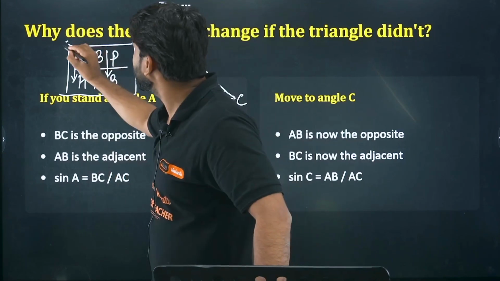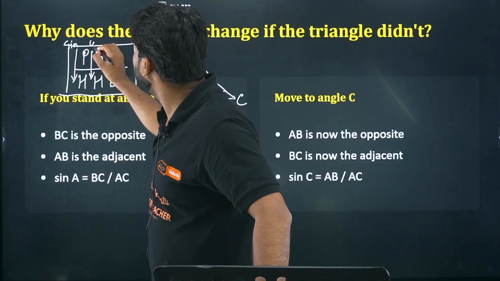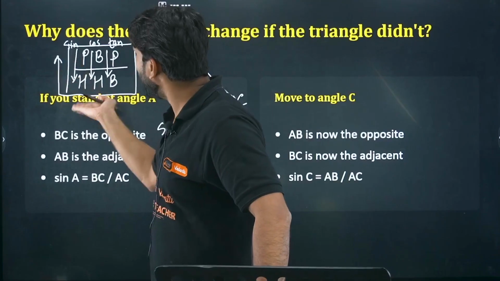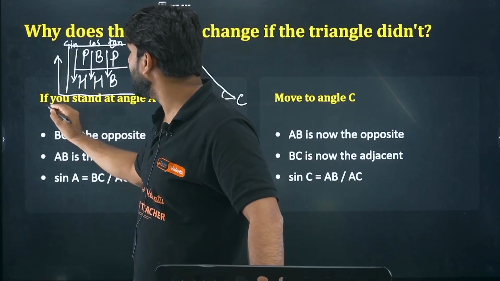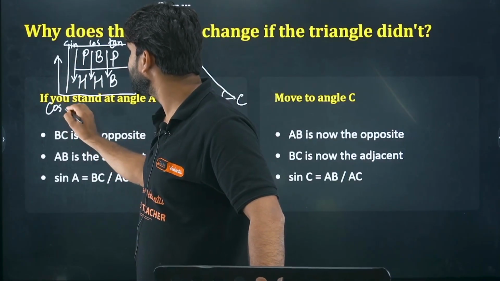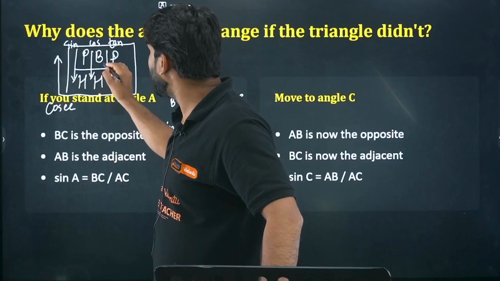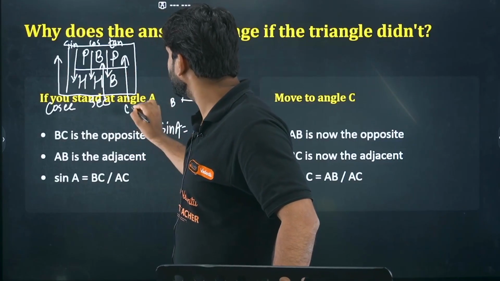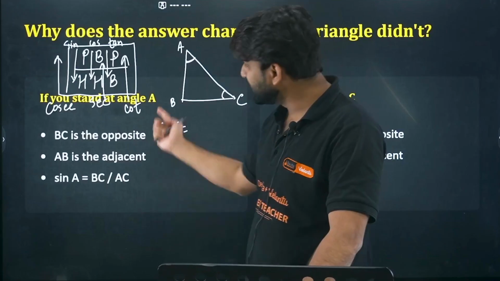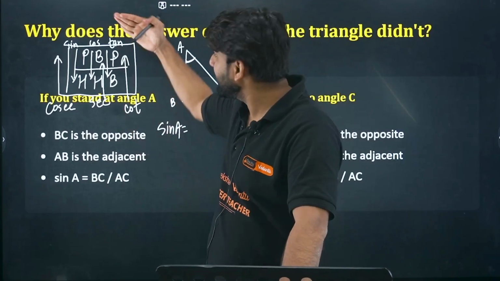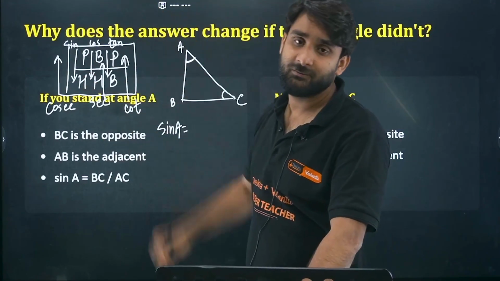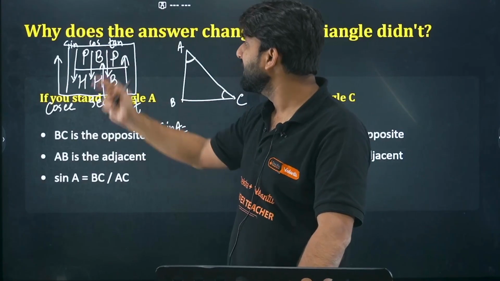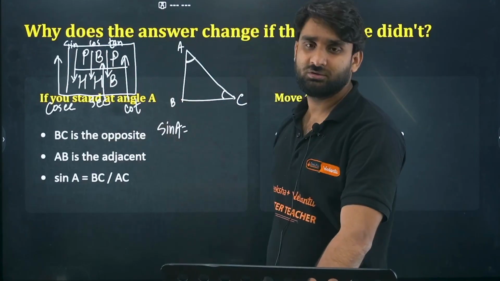And from downward to upward, hypotenuse by perpendicular is cosec, hypotenuse by base is sec, and base by perpendicular is cot. So these three trigonometric ratios are the reciprocal of the upper three. The reciprocal of sine is cosec, the reciprocal of cos is sec, the reciprocal of tan is cot.